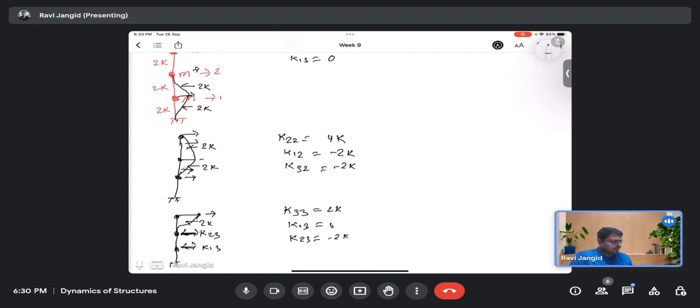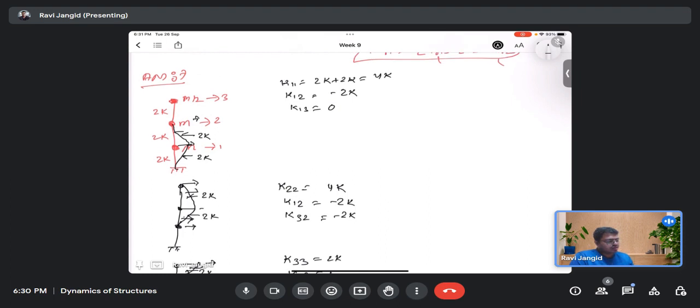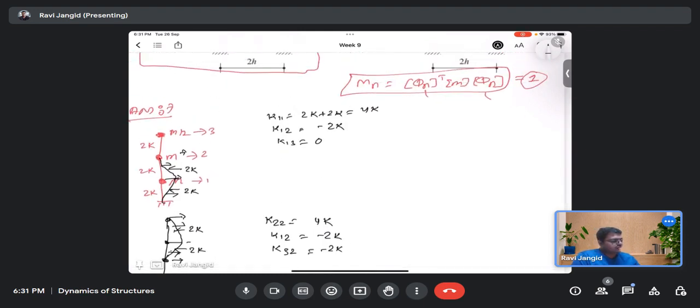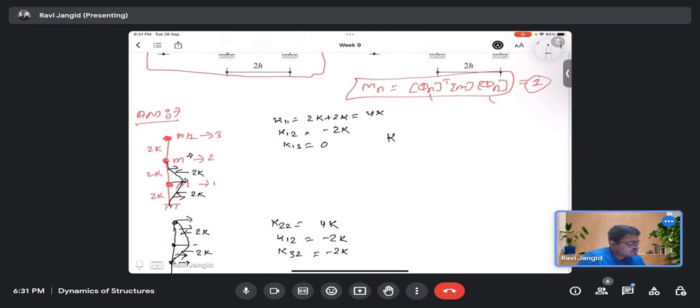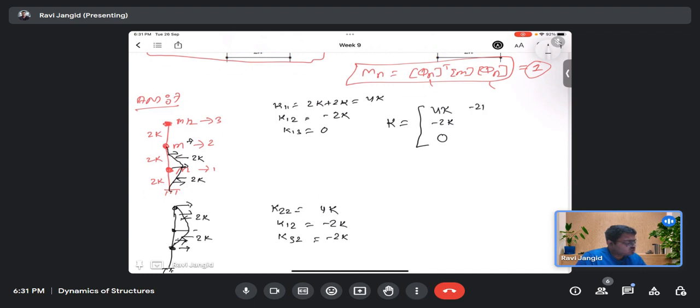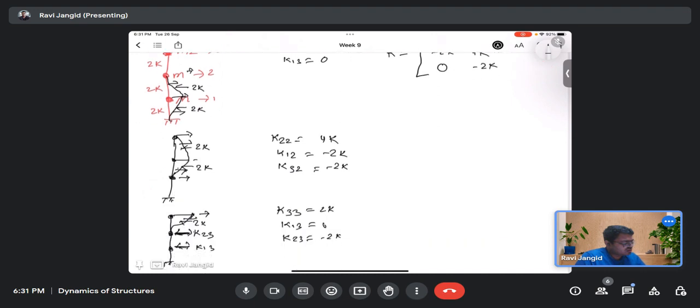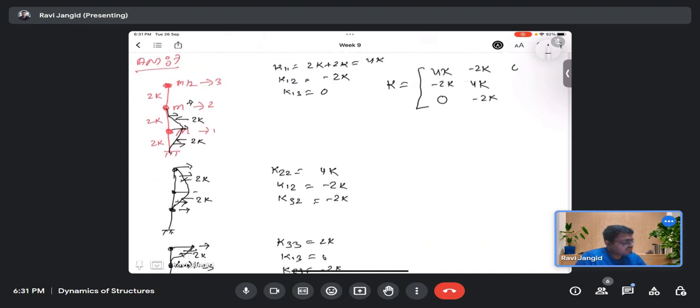And not confusing the sign conventions. It is a shear kind of thing. Sometimes you might get confused. So let me write it like that so that no one would confuse it. So my stiffness matrix would be K is equal to 4K, 2K, 0; 2K, 4K, minus 2K; 0, minus 2K, 2K.